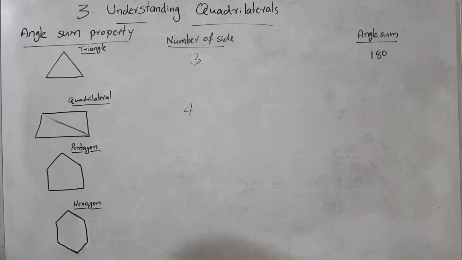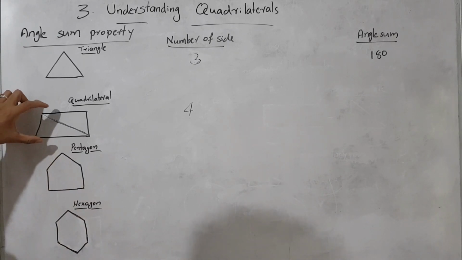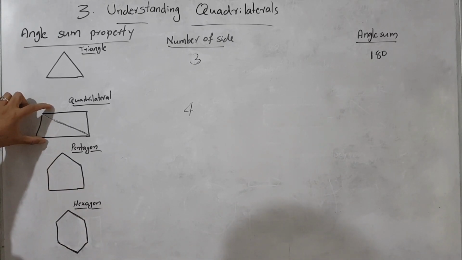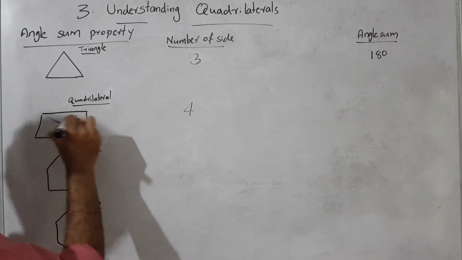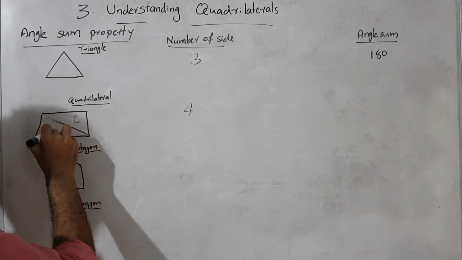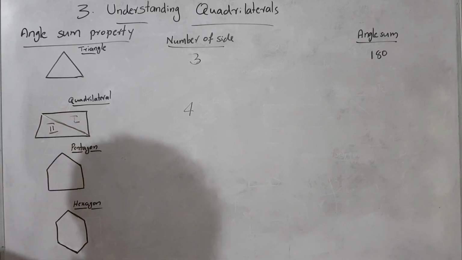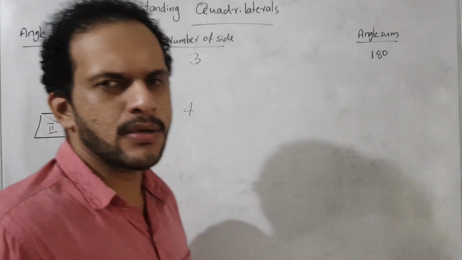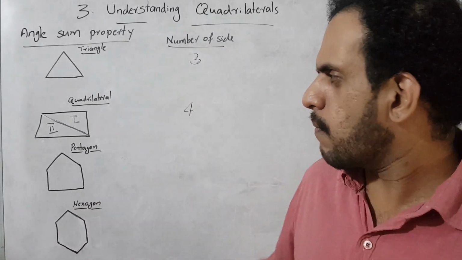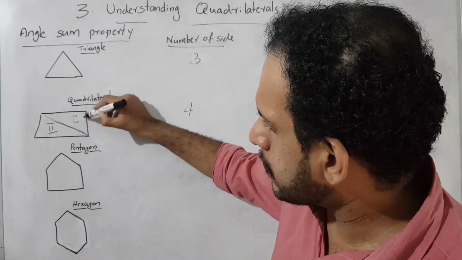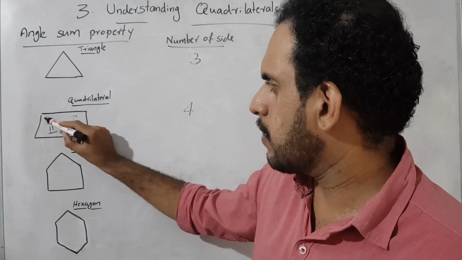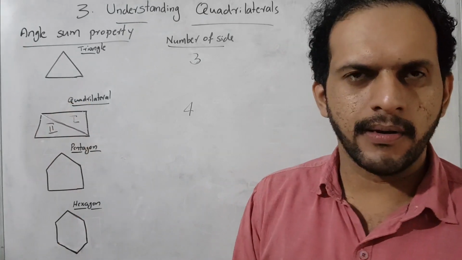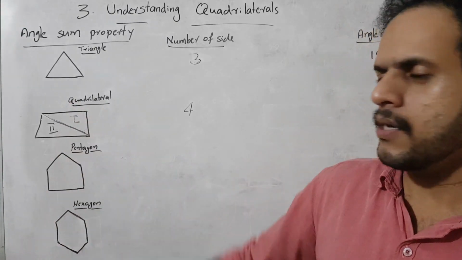Then we know that the angle sum of this quadrilateral is the sum of the angles of the first triangle and the sum of the angles of the second triangle, correct?